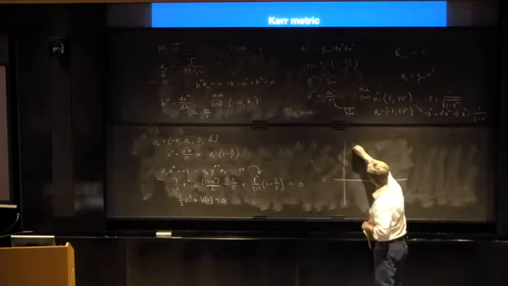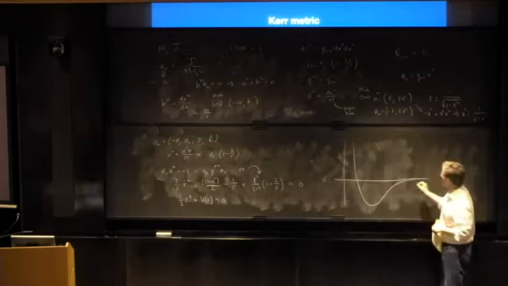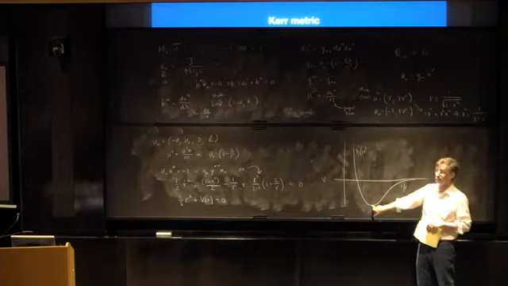In classical mechanics, this would look like this. There's a 1 over r piece here, and there's an L squared over 2r squared piece here. So there's the centrifugal barrier. And if I released a particle here, it would oscillate around like this. And the circular orbits would be right here.